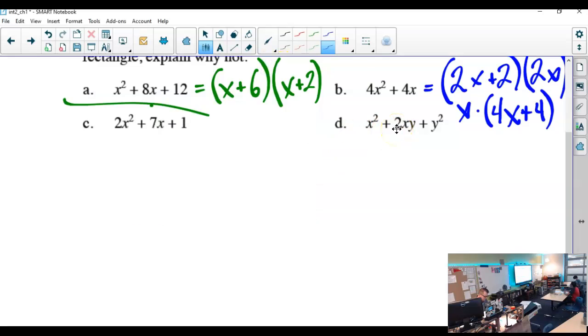Let's give ourselves a break from that annoying one. Yeah, you've got to go ahead and write that one down since you found out that it's actually factorable.